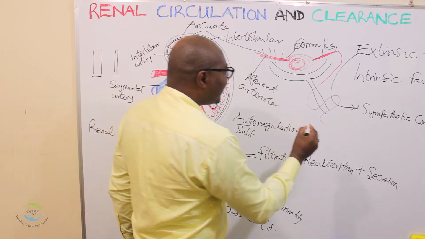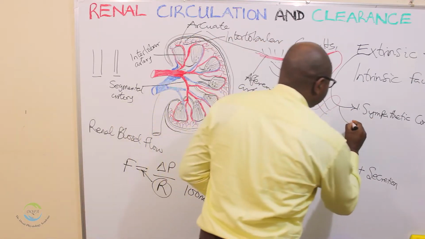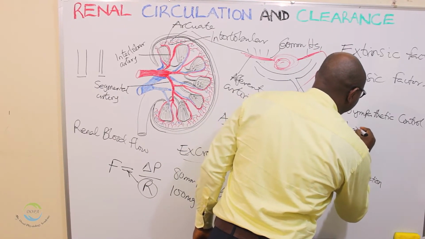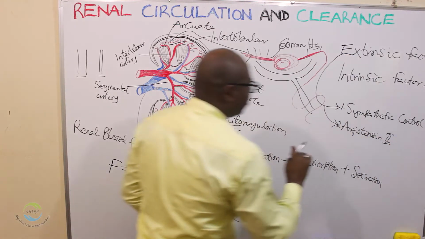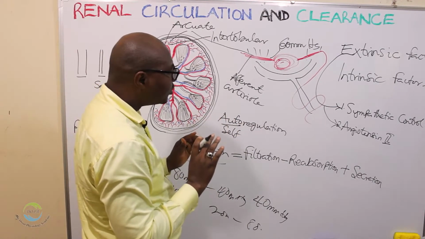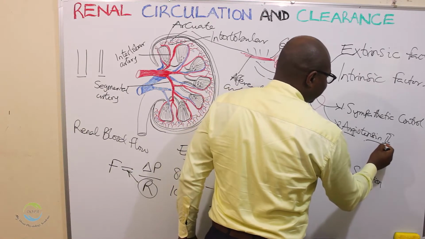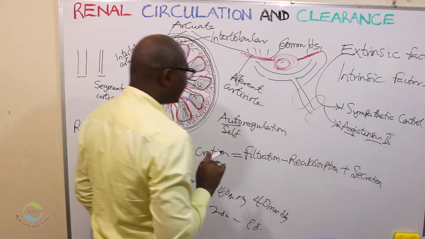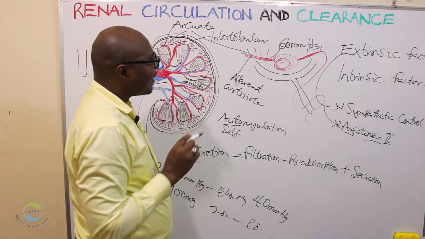Right? So another extrinsic factor, from outside the kidneys, is angiotensin 2. I'm sure we're familiar with this substance by now. Angiotensin: angio, blood vessel; tensin, tenses it, constricts it. So we know what that does. It constricts, but there is something interesting.